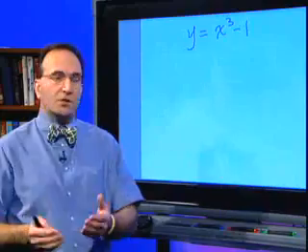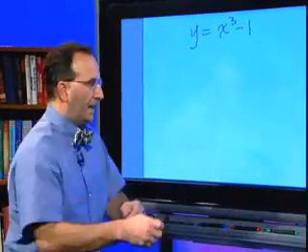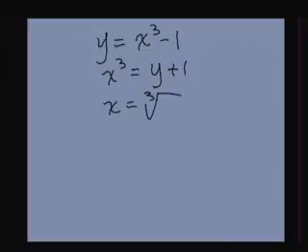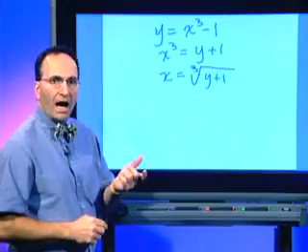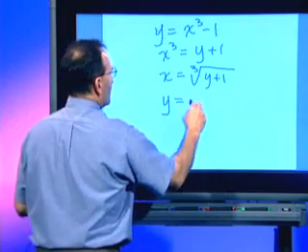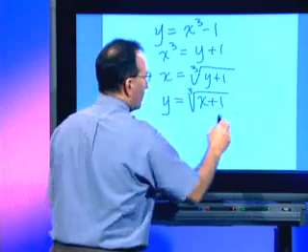Then we solve that equation for x in terms of y. So we have x cubed equals y plus 1, and then x equals the cube root of y plus 1. The second step is to replace x with y and y with x, so we get y equals the cube root of x plus 1.